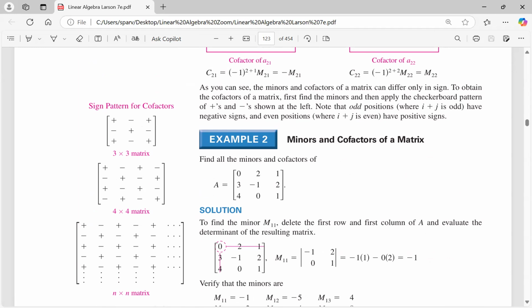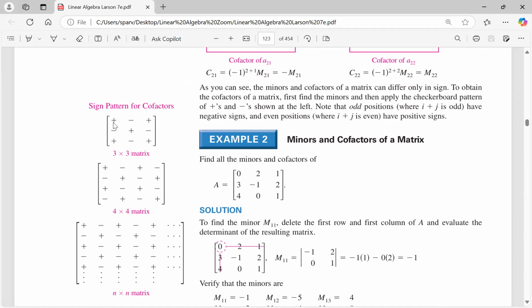In the case of a 3 by 3, the sign pattern starts with plus, first row, first column. Remember, 1 plus 1 is 2, so -1 squared is 1.